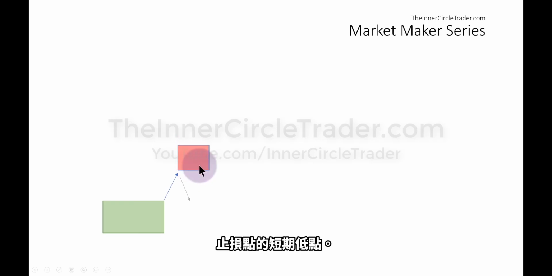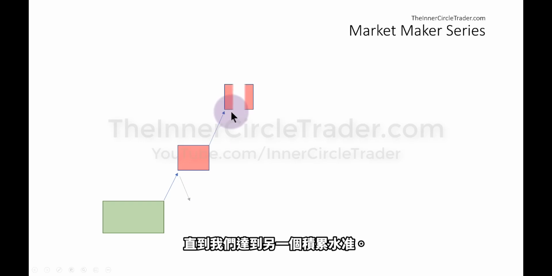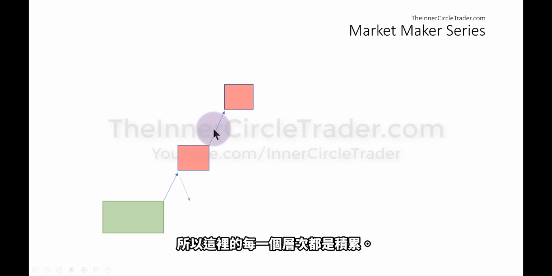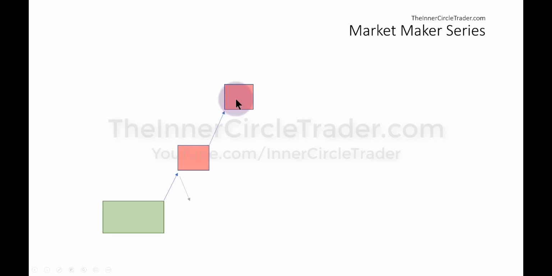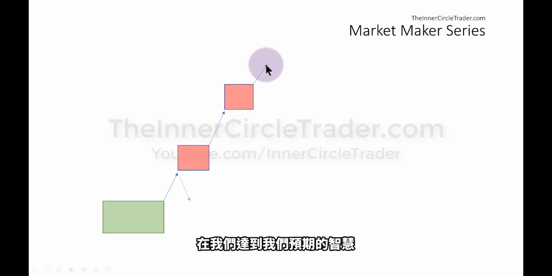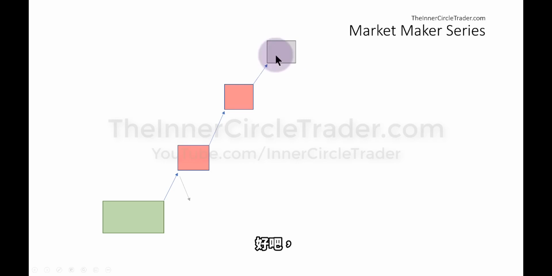And then we anticipate higher prices, rallying higher until we get to another level of accumulation. So each one of these levels over here is accumulation, and another point of advancement on the outside until we get to our key level where we anticipate smart money reversal.